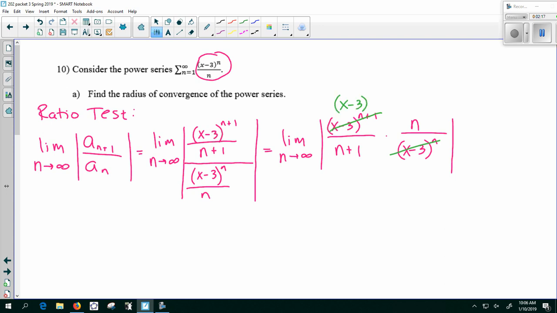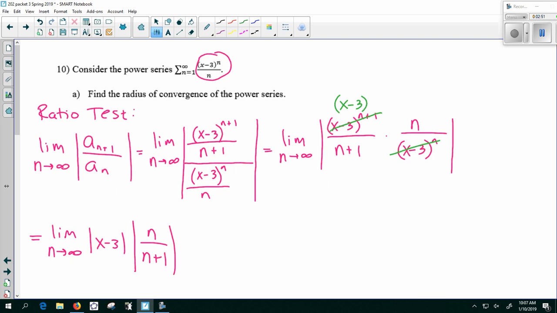That's the only canceling that happens in this particular problem. So I have the limit as n goes to infinity, and I'm going to take the x minus 3 out of the limit. It's the absolute value of x minus 3 times the absolute value of n over n plus 1.